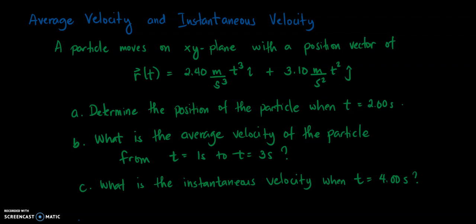What is the average velocity of the particle from t equal to 1 second to t equal to 3 seconds? And lastly, what is the instantaneous velocity when t is equal to 4 seconds? Okay, so let us solve.